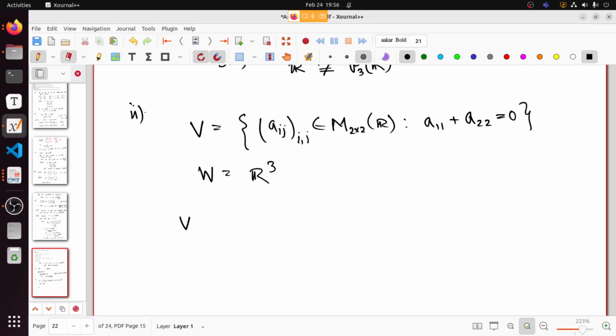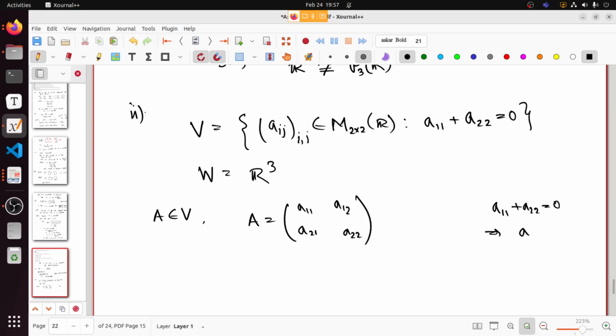If A is in V, then A will look like, as any 2 cross 2 matrix, A11, A12, A21, A22. But it's given that A11 plus A22 is 0, which implies A22 is minus A11.